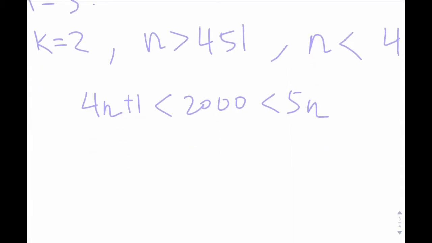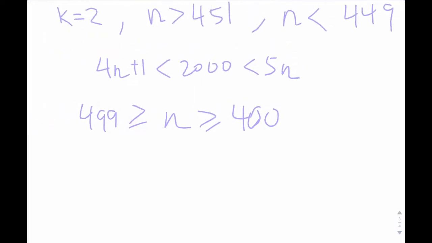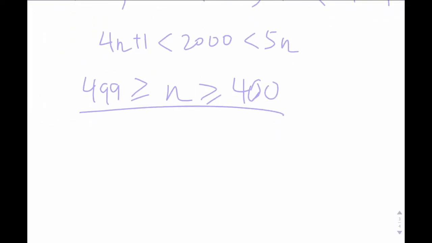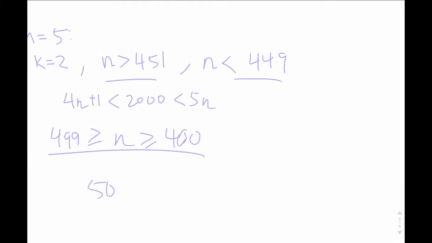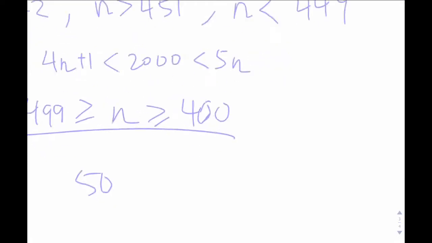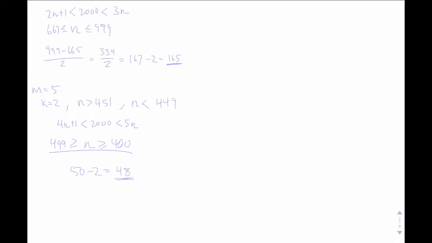So we have our lower bound at 400 and our upper bound at a little less than 500, so 499. And so we can do the same thing. The number of odd numbers in this interval is 50, but we're subtracting 451 and 449, so minus 2 equals 48 in this case.